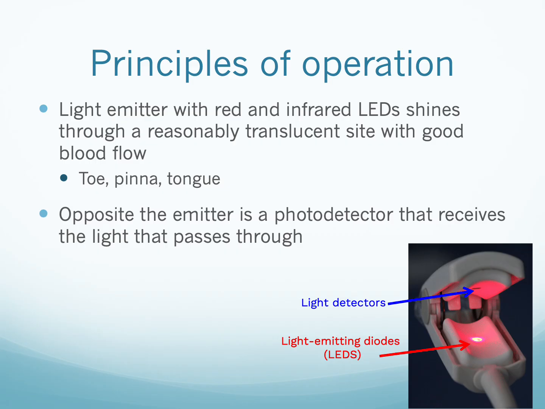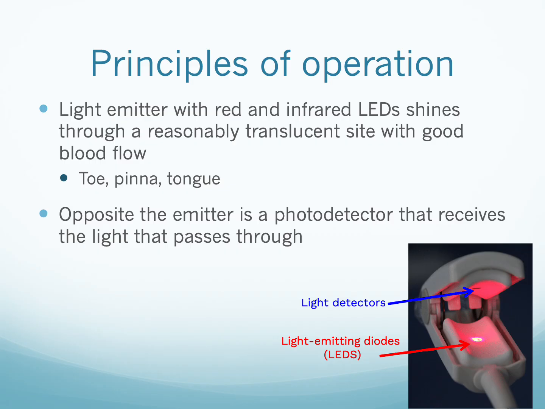A light emitter with red and infrared LEDs will shine through a reasonably translucent site with good blood flow. So we often will put our probes on the toe, the ear, the tongue, a nice tissue bed that those infrared and red lights will be able to shine through.